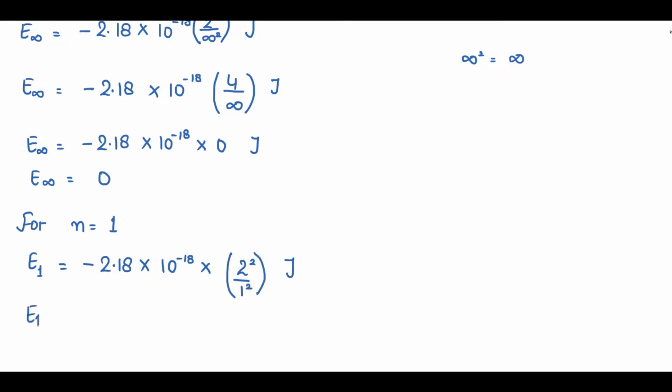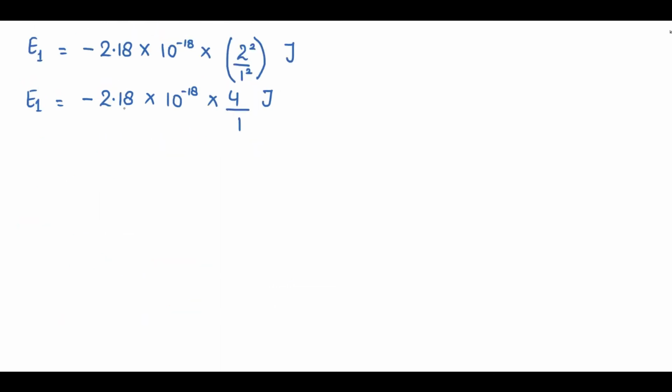So E₁ equals minus 2.18 × 10⁻¹⁸ × 2², which will be 4, divided by 1² which is 1, right? 4 into 2.18, it will be minus 8.72 × 10⁻¹⁸ joule.